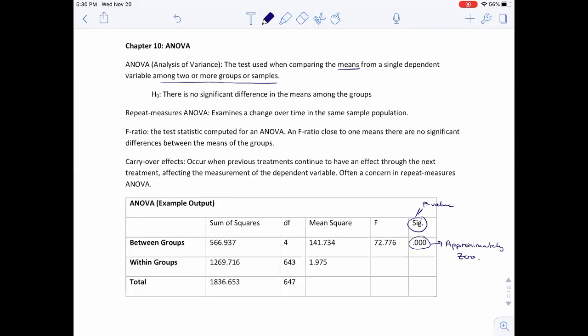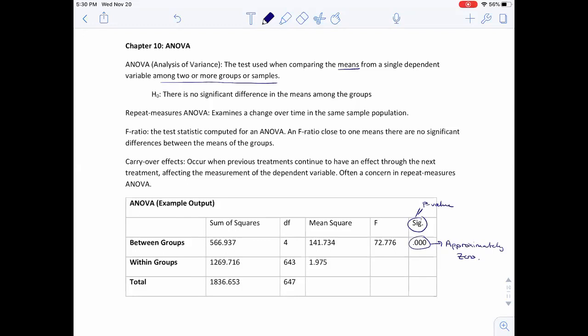They don't get any drugs, and then you give them drug B for some amount of time, and then you give them drug C. We don't know if those drugs are still going to be having an effect as you move through the drugs. Once you get to drug C, the effects of drug A might still be happening, and that's a major concern.